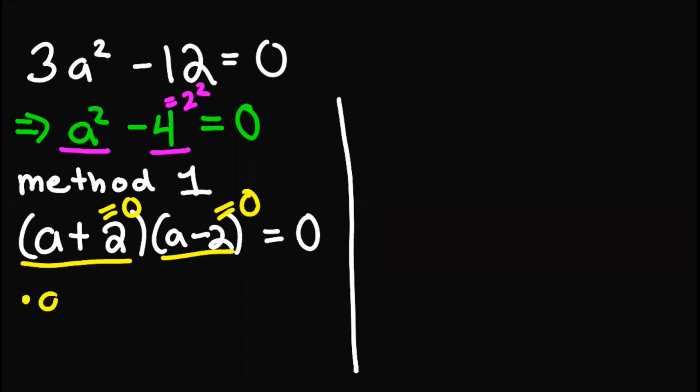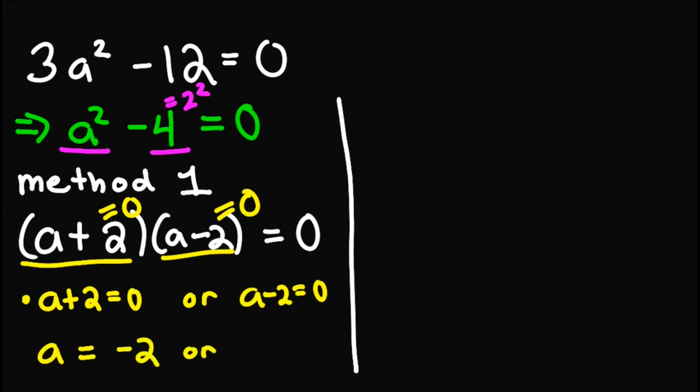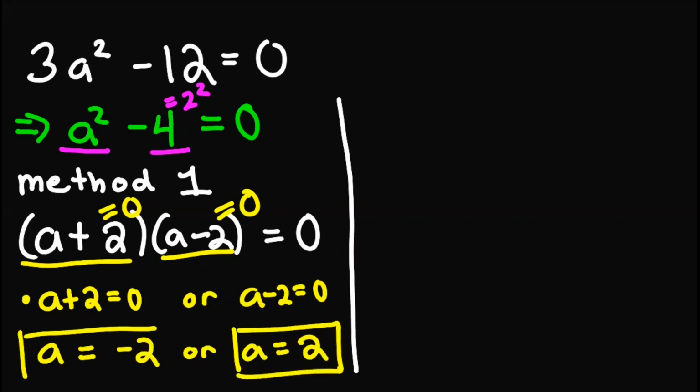So we have a plus 2 equals 0 or a minus 2 equals 0. Solving these linear equations, we will obtain a equals negative 2 or a equals 2. And that is the answer.